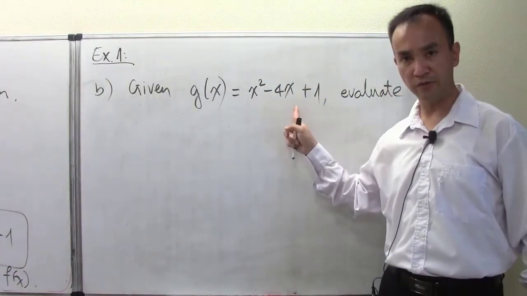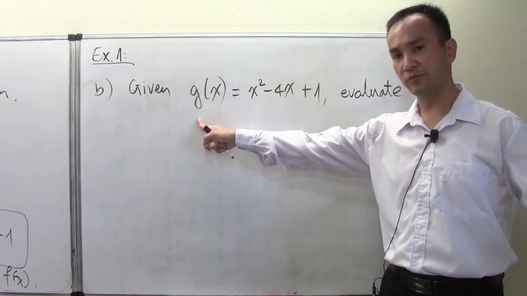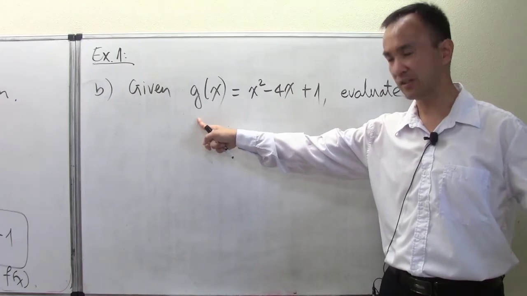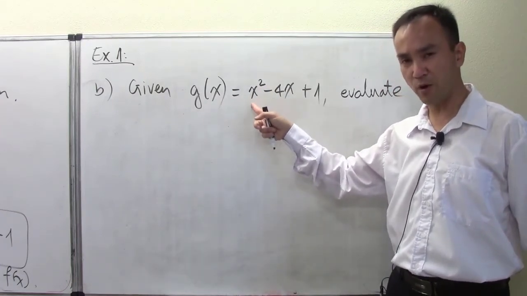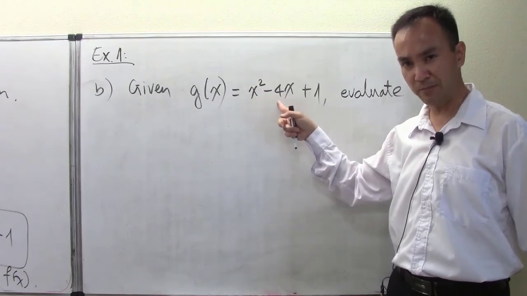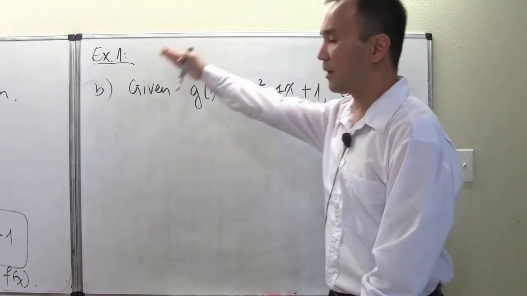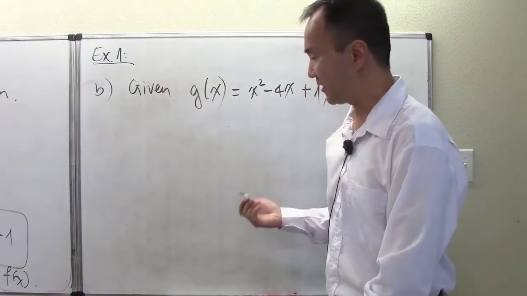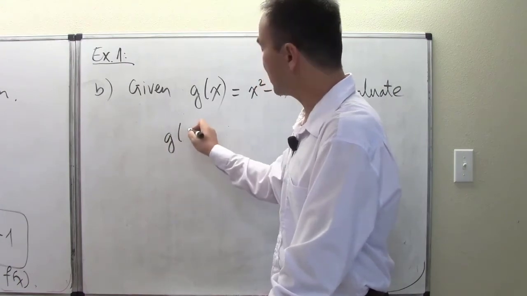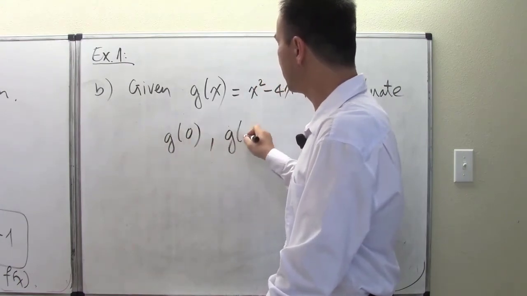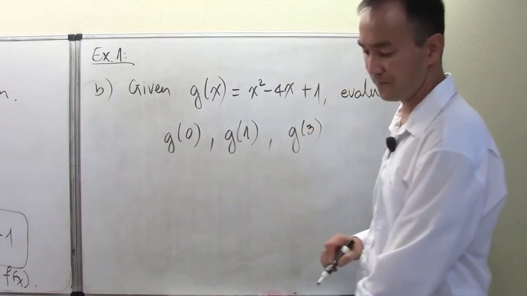It's a different rule, and this rule is regarded as a function with the name g. So g of x, as the rule says, square the input, minus 4 times the input, and plus 1. The goal of part B of example 2 is to evaluate g of 0, g of 1, and g of 3.